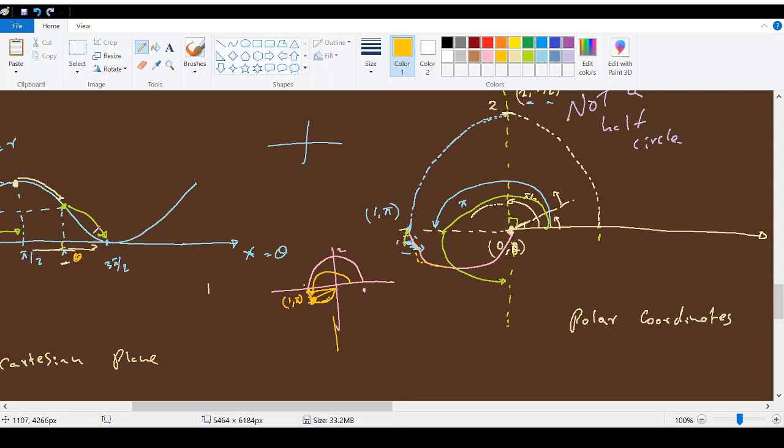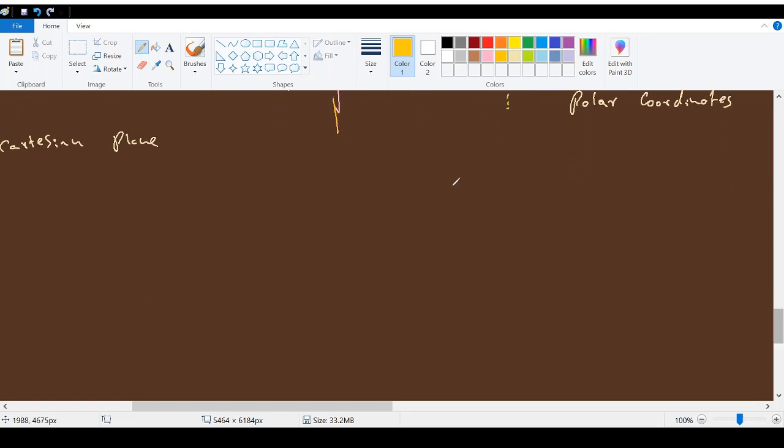And then from 3 pi by 2 to 2 pi, the radius will again increase from 0 to 1. That means it completes this one. So putting all those things together, we will have a curve like this. It goes like this, and it goes like this, and then you will form something like this, right?